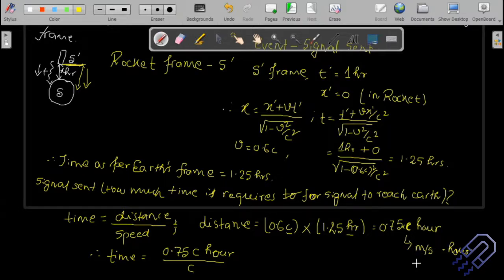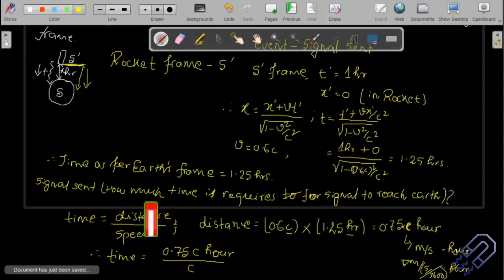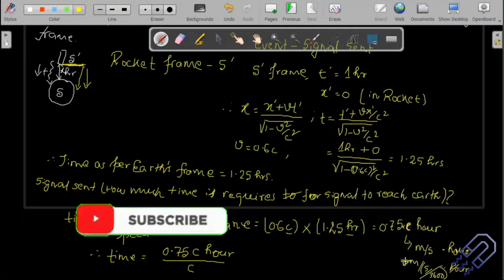How do you convert seconds to hour? You can just take meter per second and divide it by 3600, right? Into hour. So whatever you have here is basically in hours. So you can just cancel this out. Then the answer is meter. So the unit of distance is meter, right? Is it clear now? Why it is?